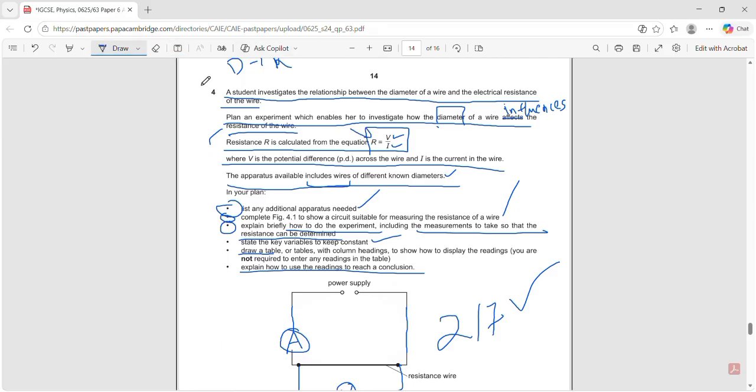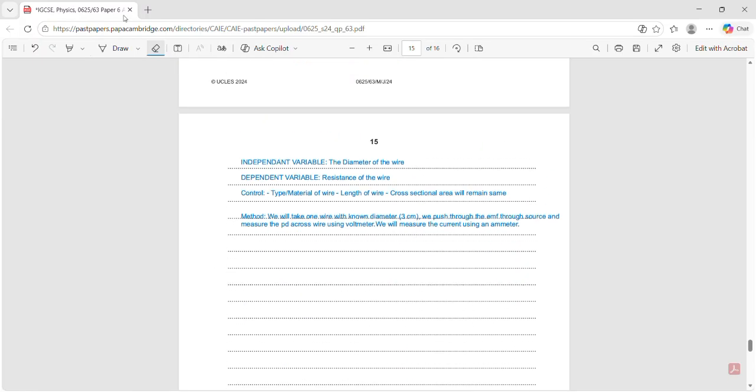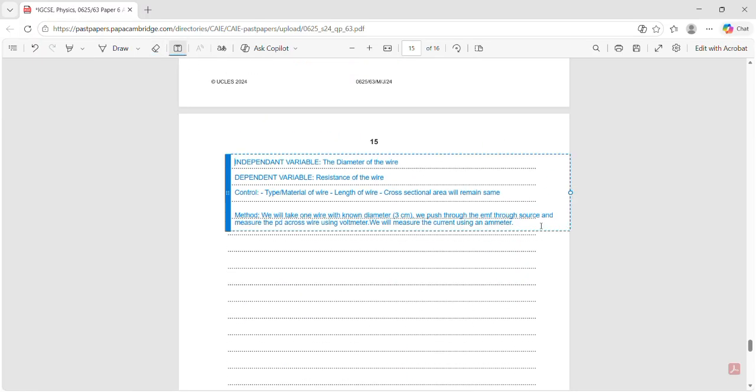Okay, so then we will calculate the resistance using the formula R is equal to V over I.